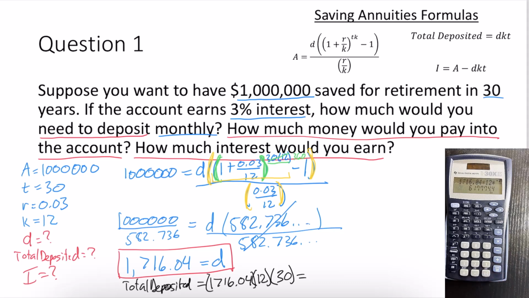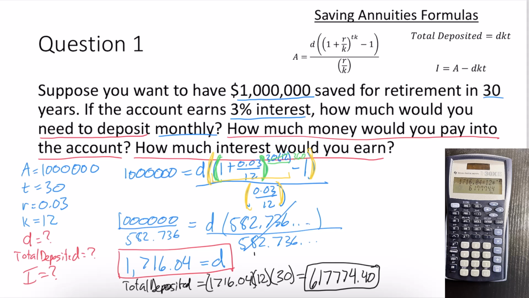And that tells me that the total amount of money that I would put into the account over the whole investment would be $617,774.40. So that would be the answer for that part.